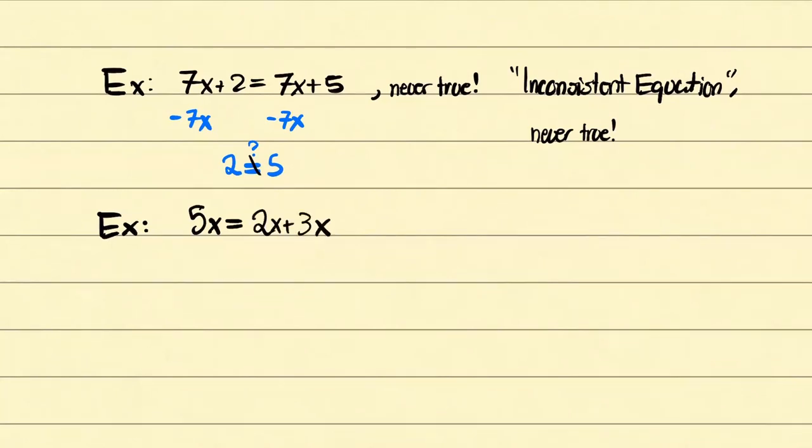So I have x's everywhere, but let's just try and combine as much as we can. If I just simply add the right-hand side together, I get 5x is equal to 5x. And there's no more arithmetic to really do. I could, for example, divide by 5x if you wanted to, just to drive the point home. And you would get 1 is equal to 1. And this is something that's always true. This is an identity equation.